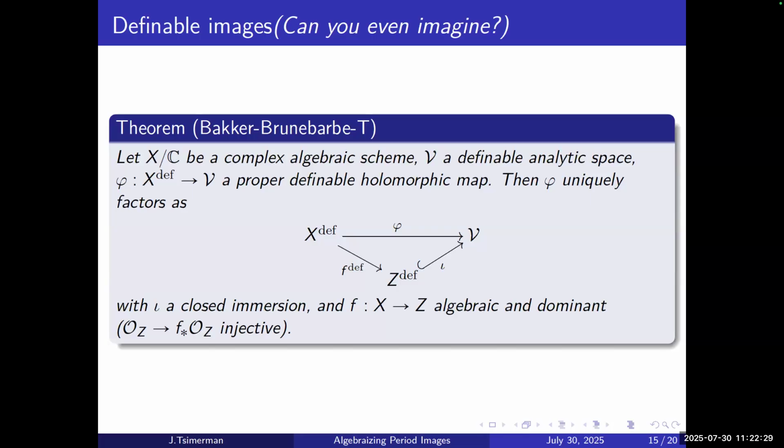The input into that is a general Ax-Schanuel transcendence theorem, which you can prove using this kind of machinery, but there's also a proof using the recent differential Galois theoretic techniques of Bakker, Brunebarbe, Tsimerman and the other authors in that paper. So there are two different inputs for proving the Ax-Schanuel transcendence result, which you can translate into a transcendence result for arbitrary periods and iterated periods, sort of anything you can cook up using period functions.